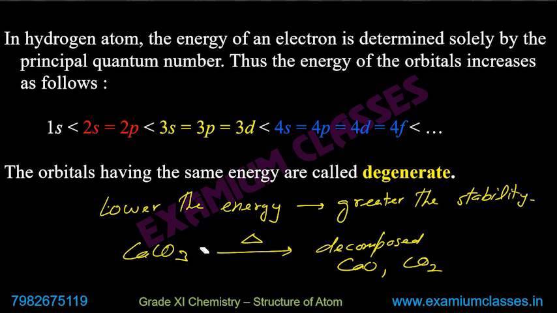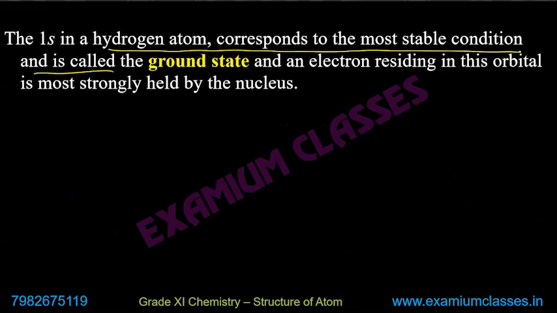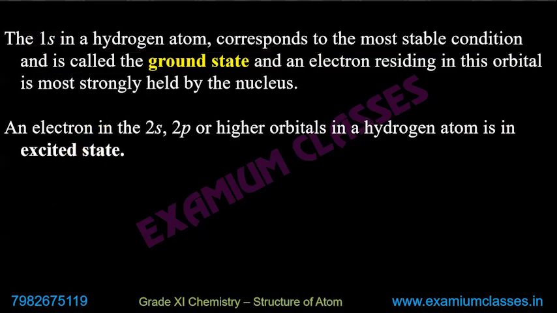So lower the energy, greater the stability. This rule we will talk about again and again in chemistry. So that's why 1s in hydrogen atom is most stable because its energy is 1 plus 0, that is 1. Least energy, most stable. An electron in 2s, 2p or higher orbitals in hydrogen atom is called in excited state.